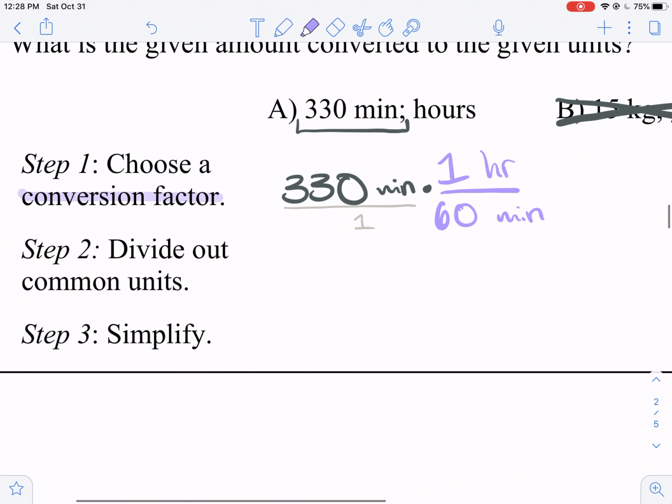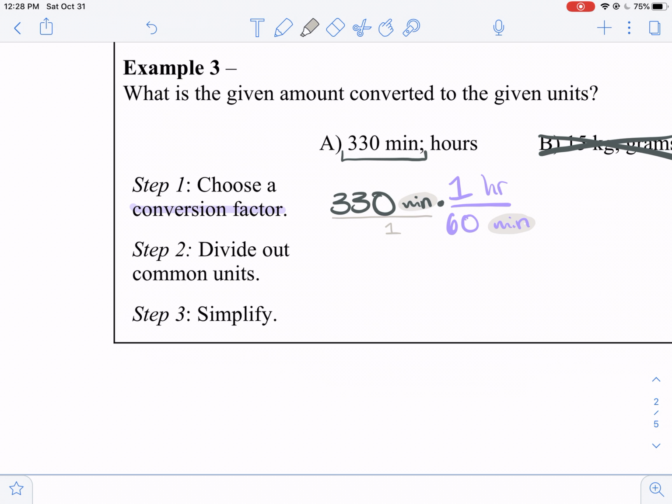If we set this problem out right, then our units will cancel out. We'll have minutes divided by minutes. It's very important that you set up your units to cancel out, to divide out. So you need to have 1 on top, 1 on bottom.